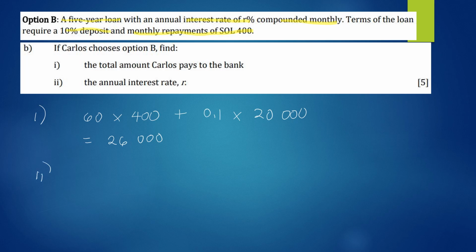Okay, the annual interest rate. So we can use our GDC. We have our N equals 60. So I is unknown. The present value is not 20,000 because we have already made a deposit of 10% of 20,000, which is 2,000. So the present value, or what you are loaning, is 18,000, and then you are paying monthly 400.